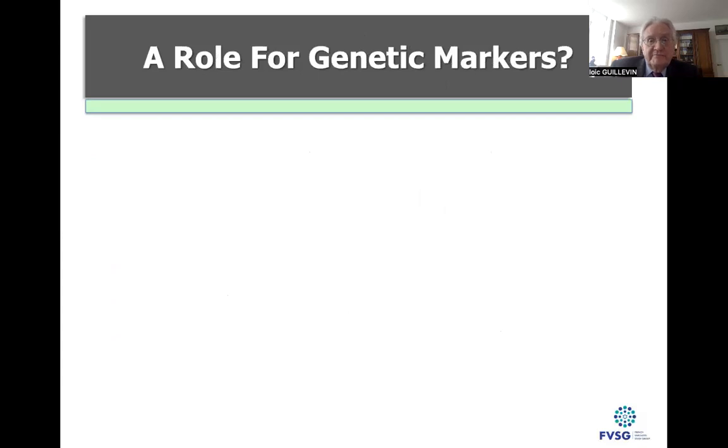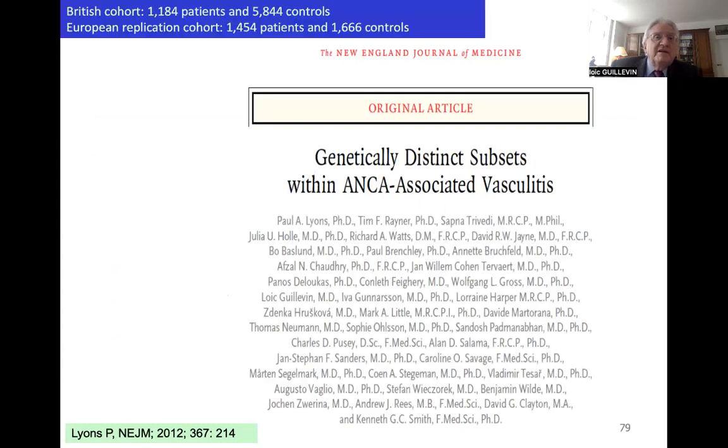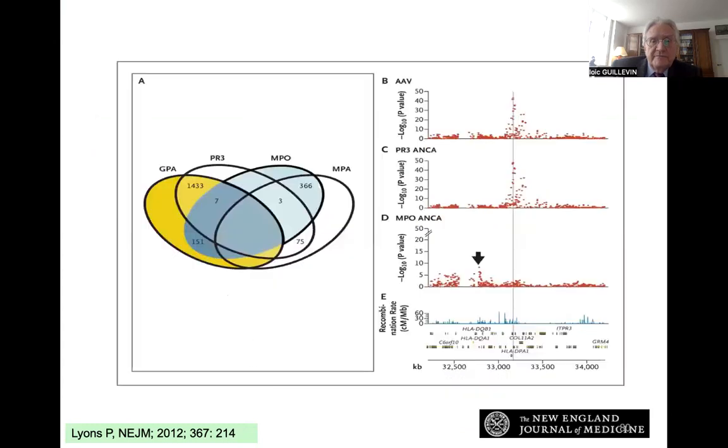Genetic markers now. It is the future. GWAS has been done for GPA and MPA, with a lot of patients coming from the UK and the European replication cohort. And you can see that when you divide the patients based on clinical symptoms or on ANCA presence, it is not exactly the same population of patients.